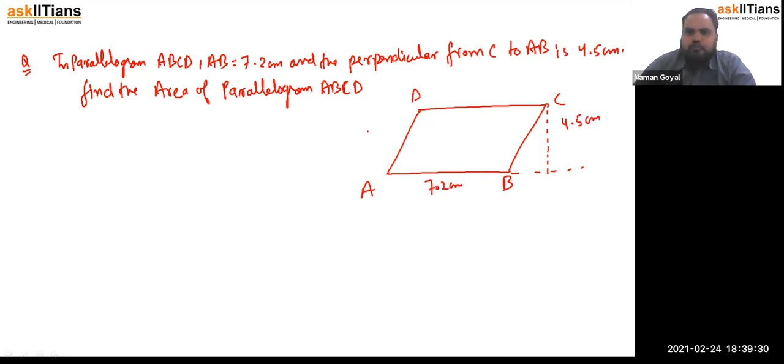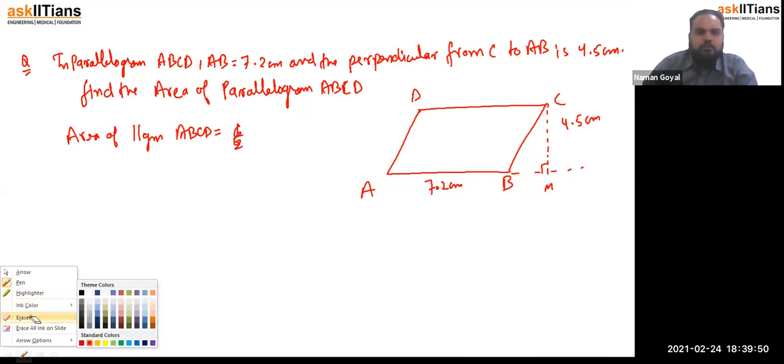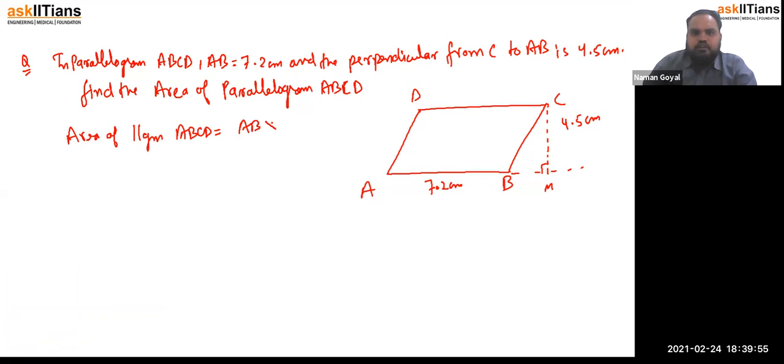For this particular parallelogram, AB is base and this length CM is height. So area of parallelogram ABCD is, not 1 upon 2, area of parallelogram is base into height only. So it will be AB into CM, 7.2 into 4.5. So you can solve this, right?